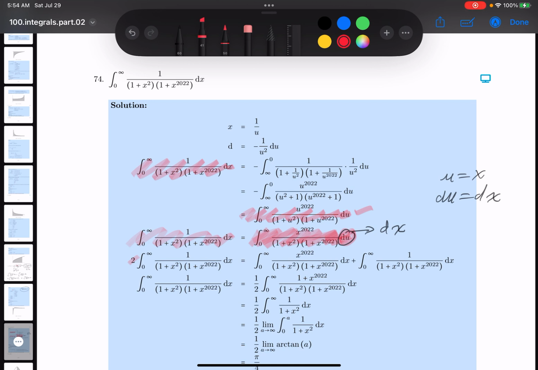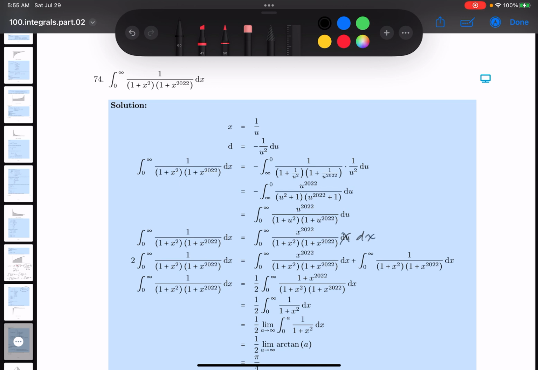Let me see what I did over there. No, I didn't multiply both sides by 2. I got to rethink what I just said. All right, let me erase this over here.